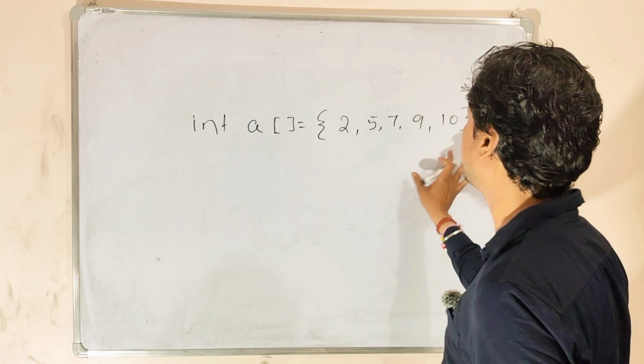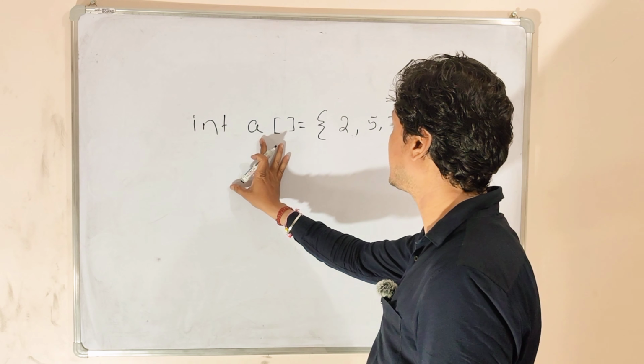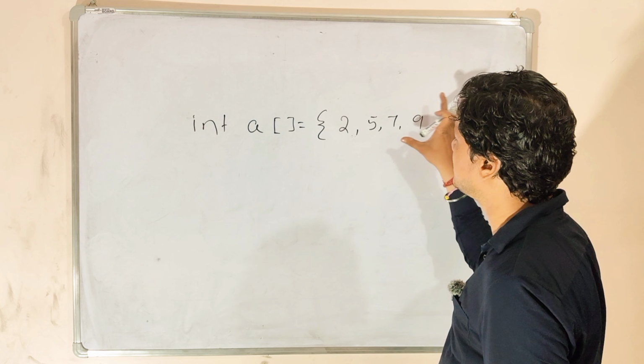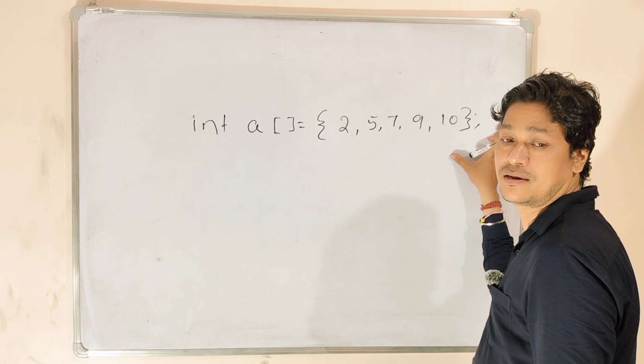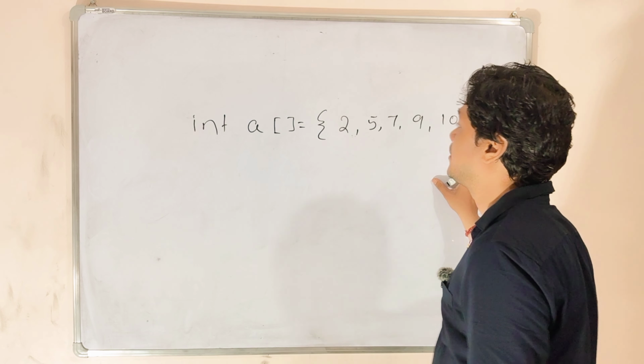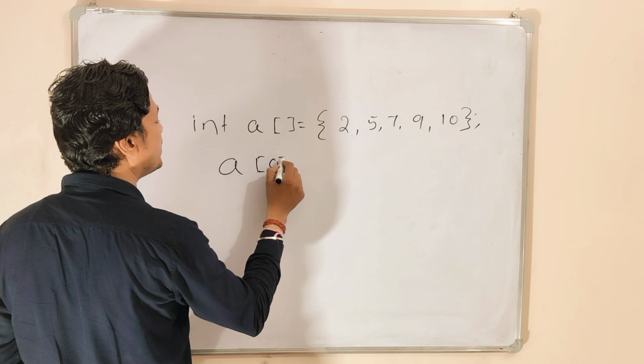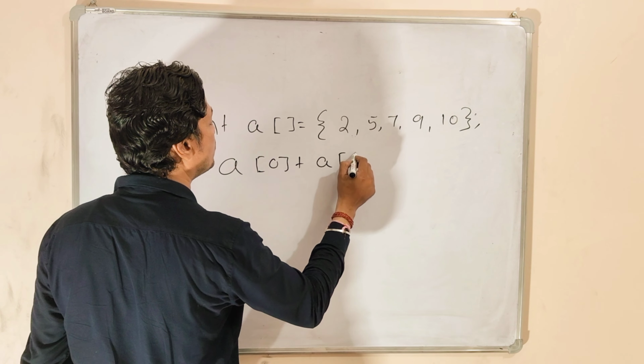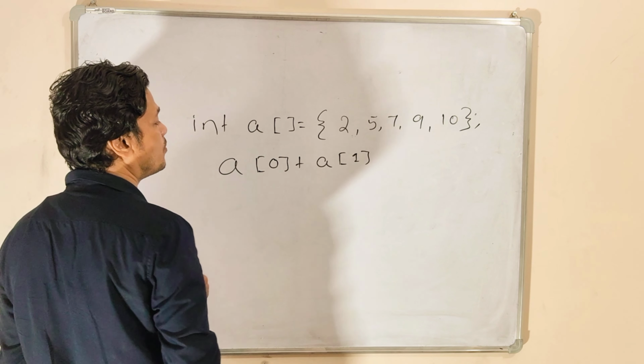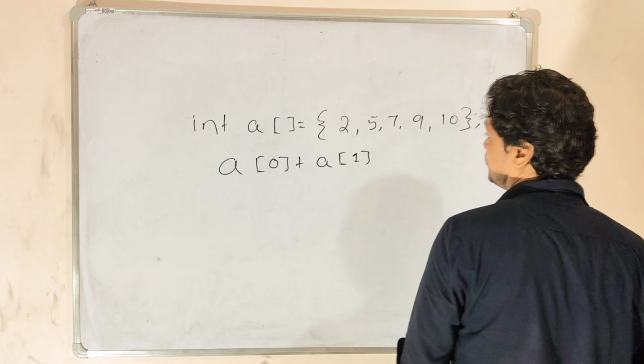This is another way to declare an array and simultaneously initialize it. Got it? Suppose, tell me A[0] plus A[1]. What will be the values of A[0] and A[1]? Sir, 2 plus 5. Yes, 2 plus 5, that is 7.